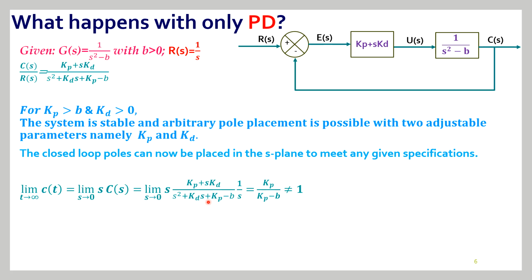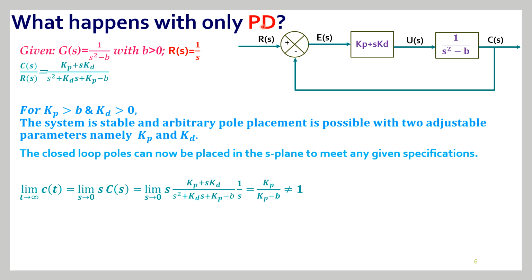When we substitute s as 0 in this equation, I am not getting my final value as 1. What should be my final value for the given system? R(s) is 1 by s, which means it is a unit step signal. So with a unit step signal, my reference input is 1, and C(s) needs to be 1. But with the proportional derivative controller, the final value doesn't achieve 1, but the system is stable.